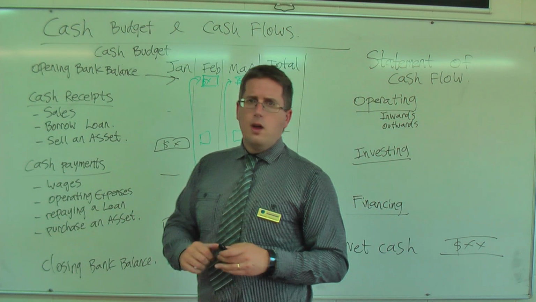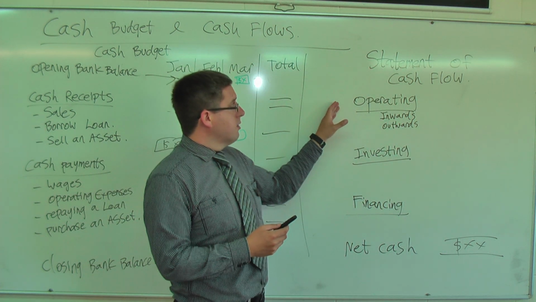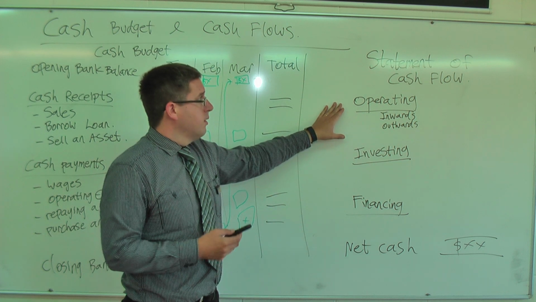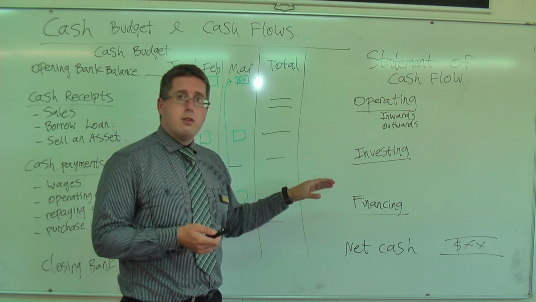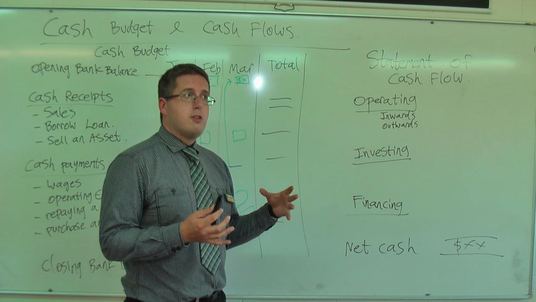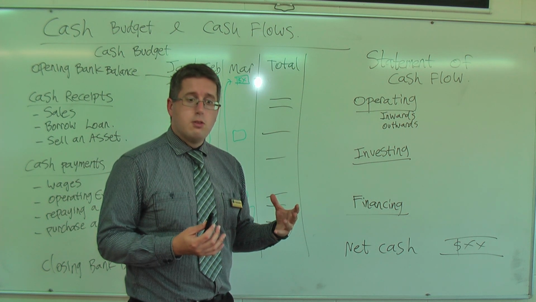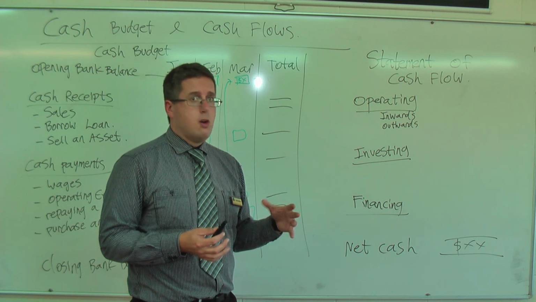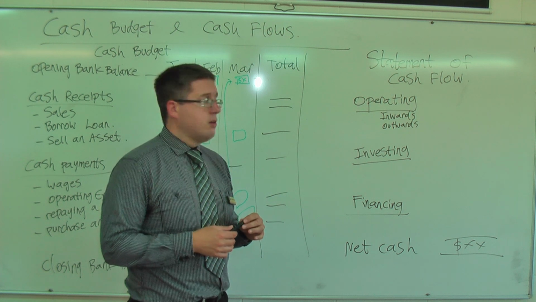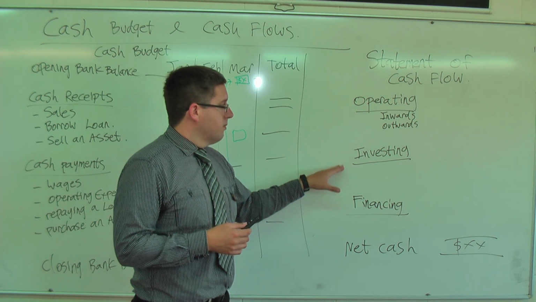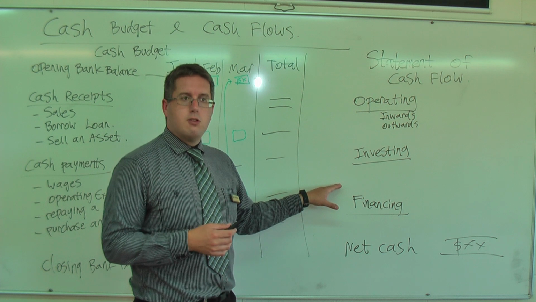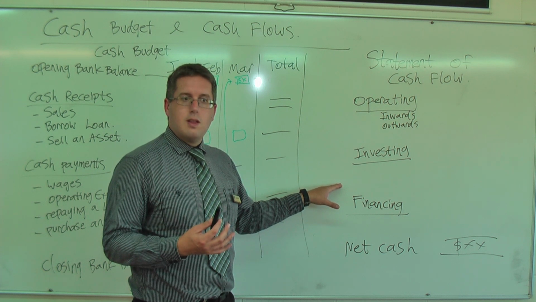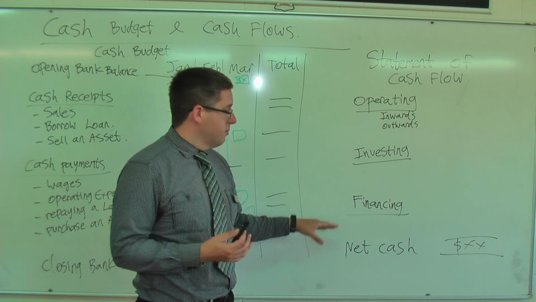The other part to analyse is looking at operating, how's their day-to-day operations? Is the operations actually producing cash? Is it a positive figure? If it's not, then it's probably bad news. Investing, how much have they spent on assets? Is that a good thing that they've spent all that money on assets?